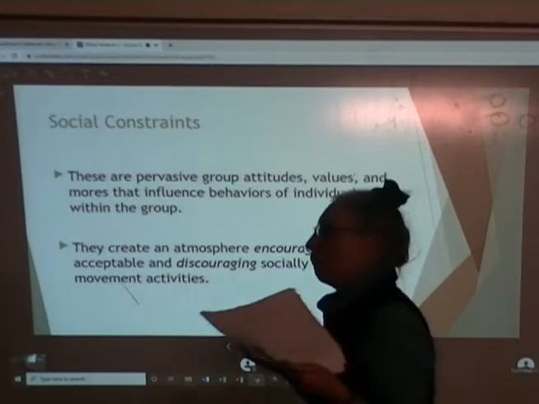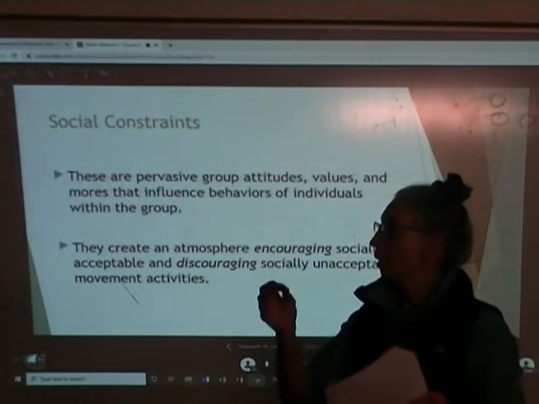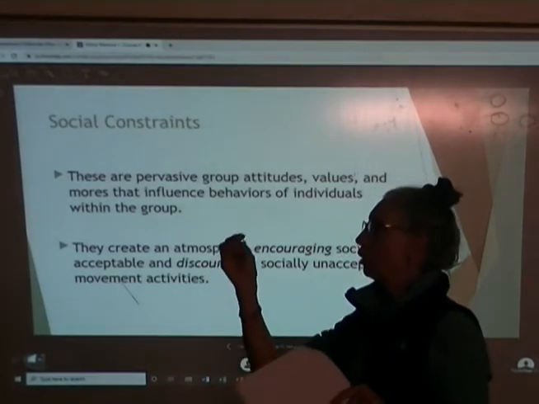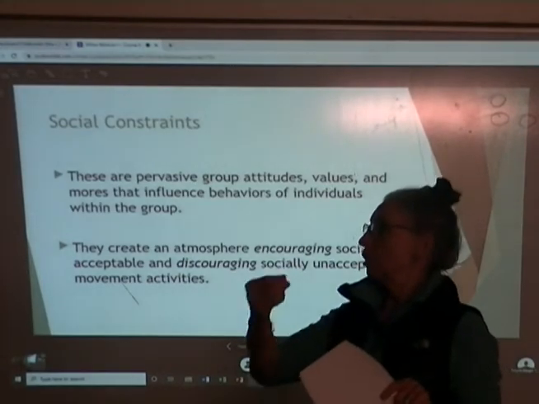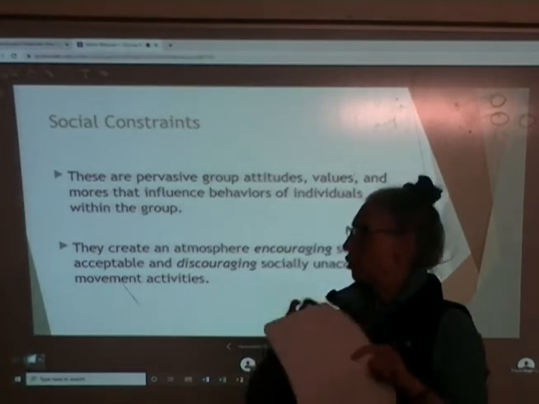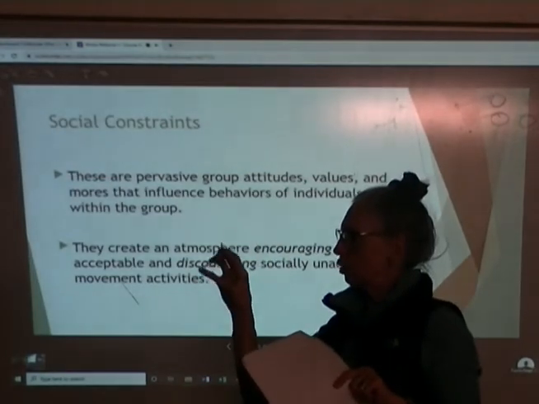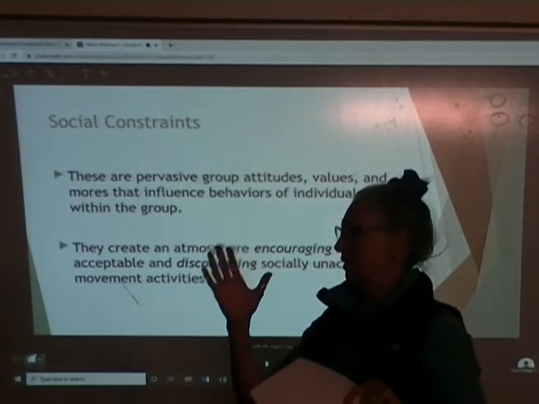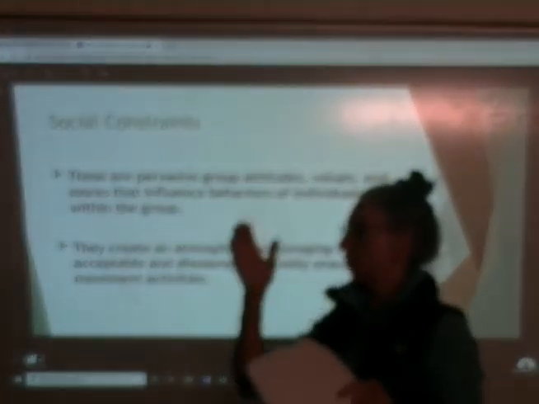So again, it's not necessarily a positive and a negative. We mustn't think that not learning netball because it's discouraged in America is a bad thing. It's just different. It's encouraging or discouraging the emergence of certain movement patterns. That doesn't necessarily always mean that that's a positive or a negative.